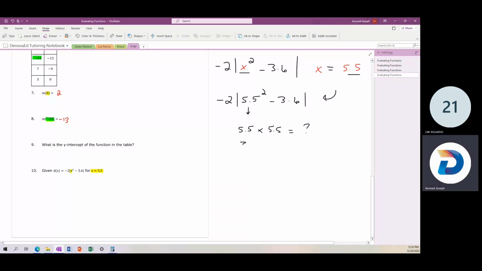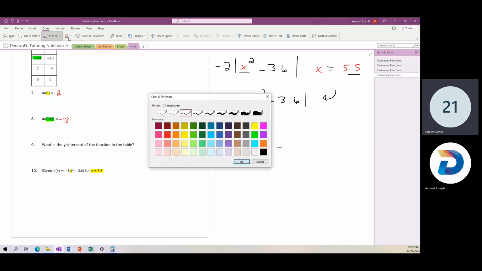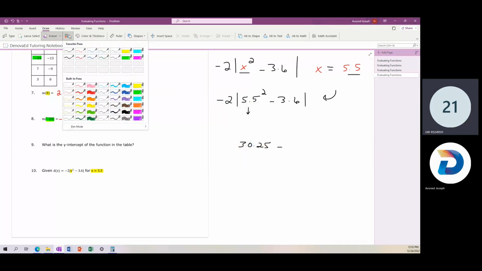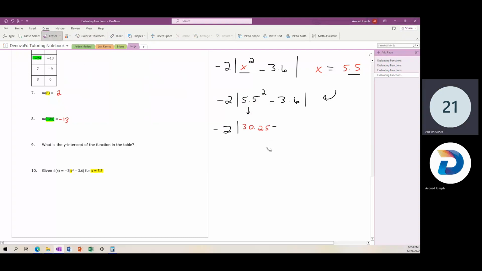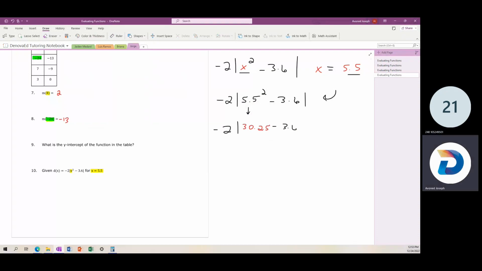So we have 30.25 minus the decimal, 3.6.